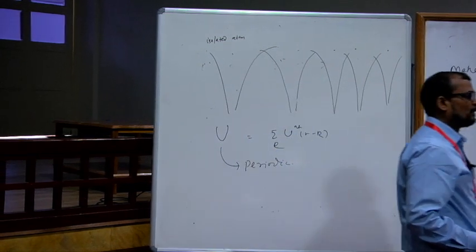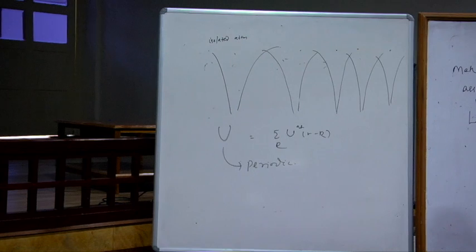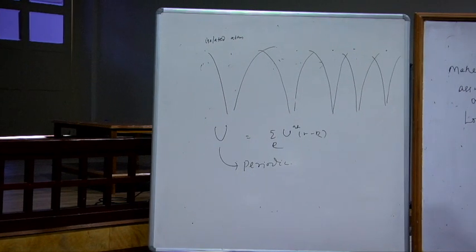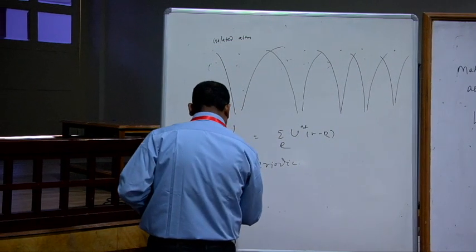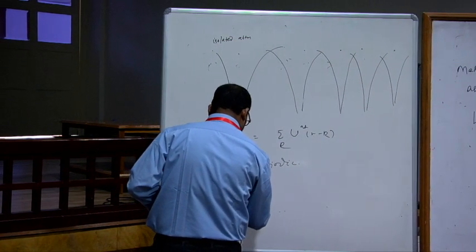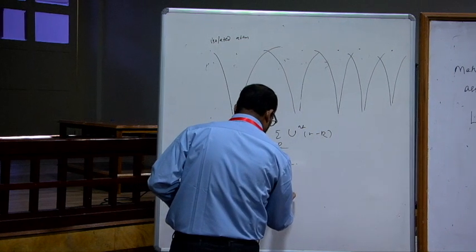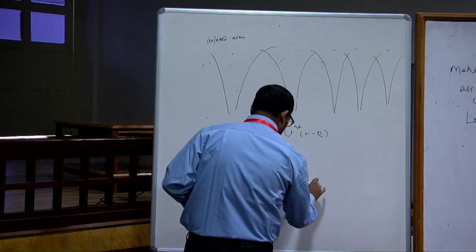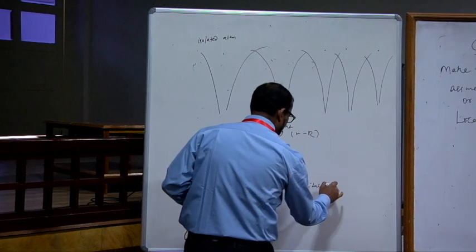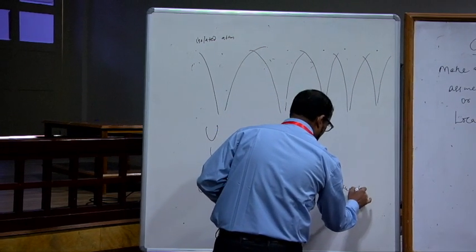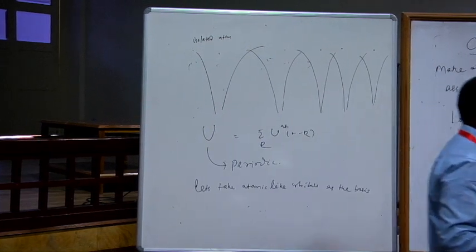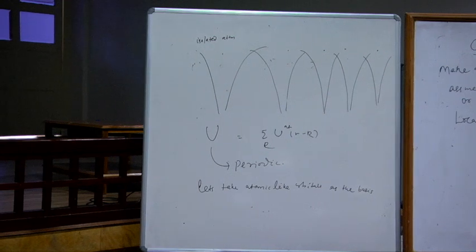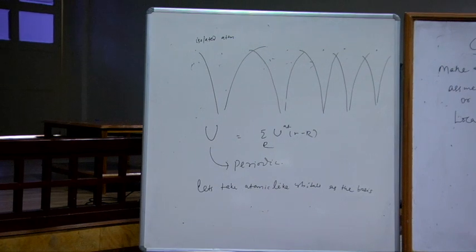Okay. Now what I'll do is that I'll take my atomic-like orbitals as the basis. But you know that if it's a crystalline system, I have to create a trial wave function which has to satisfy my what?